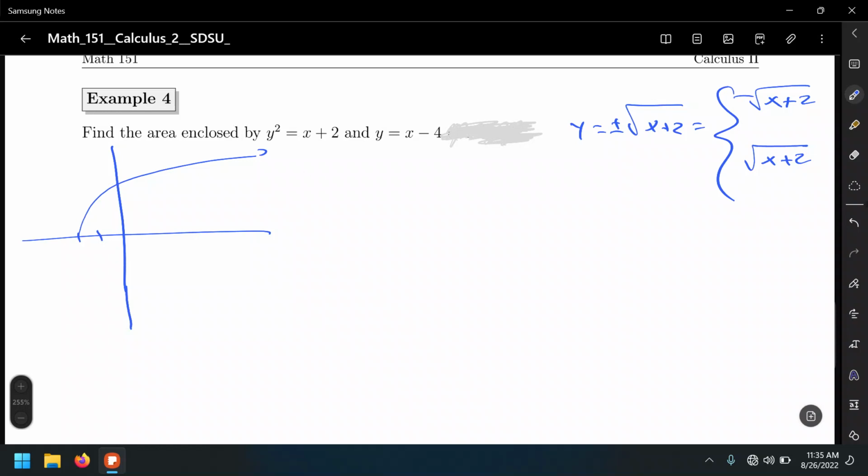Then the same function, but what happens when we have a negative sign in front of it? It simply reflects about the x-axis. Exactly, it flips it upside down, right? So, what about y equals x minus 4? Well, we're going to have this line right here, with a y-intercept at y equals -4. That's below the x-axis. So that's the region of integration.